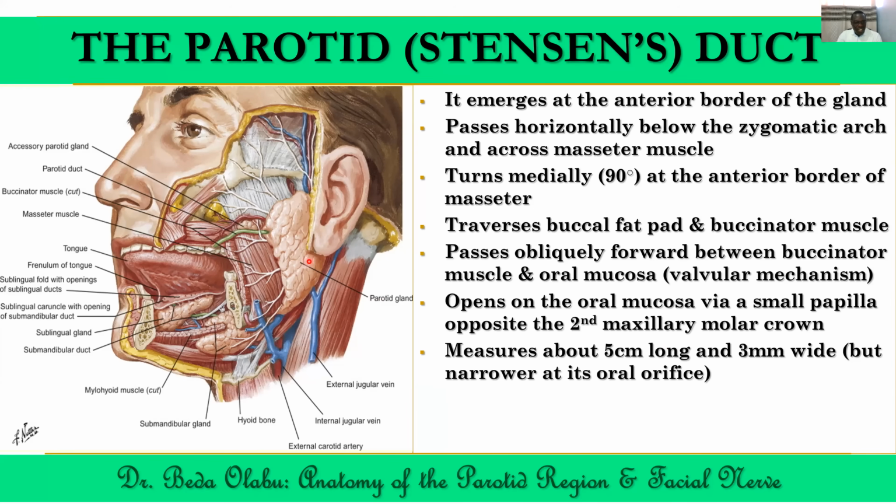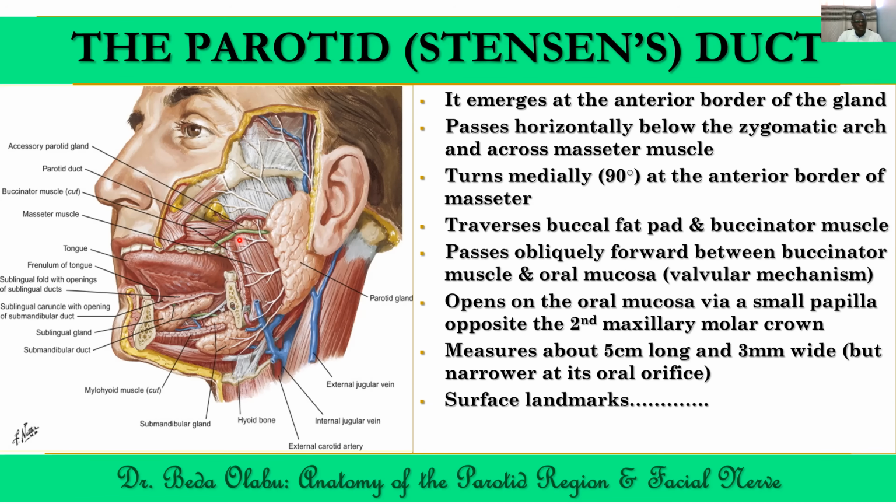If you look at the total length of the parotid duct, it's about 5 centimeters long and usually about 3 millimeters wide. Although this duct will be narrower at the point of the orifice, the rest is about 3 millimeters wide.